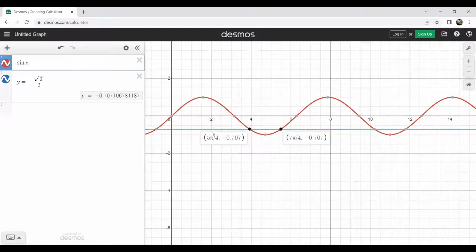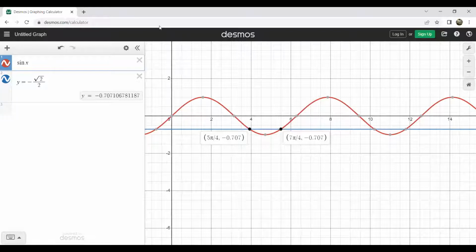As you can see, one of them is 5 pi over 4. The other one is 7 pi over 4, or going back to the unit circle that we memorized, they are 5 pi over 4 and 7 pi over 4.